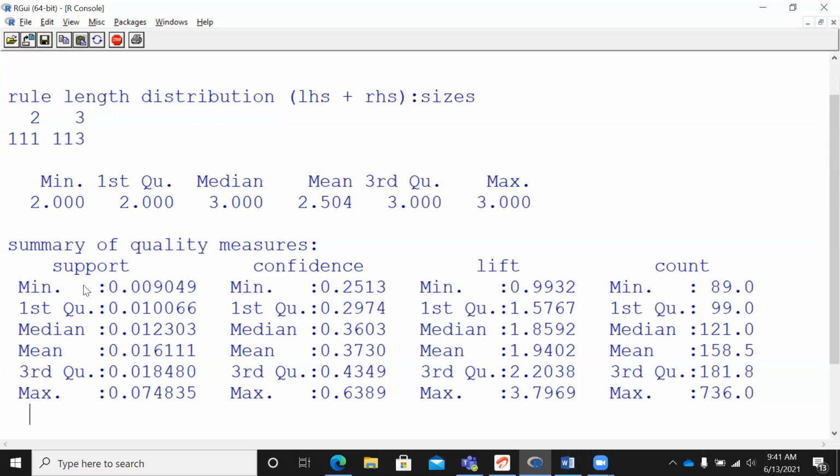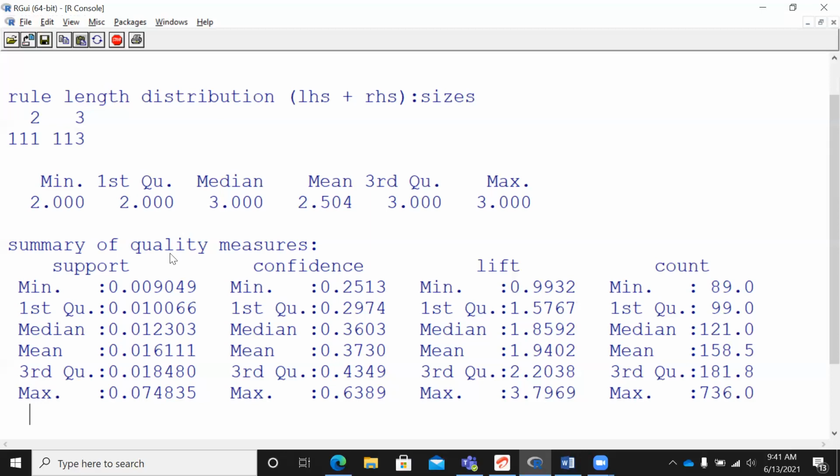So 1,000 will be in the numerator. Support will be equal to 1,000 divided by 10,000. 1,000 is the number of people who have purchased both apples as well as oranges, and 10,000 is the denominator, because that represents the total number of transactions. So that is about support.